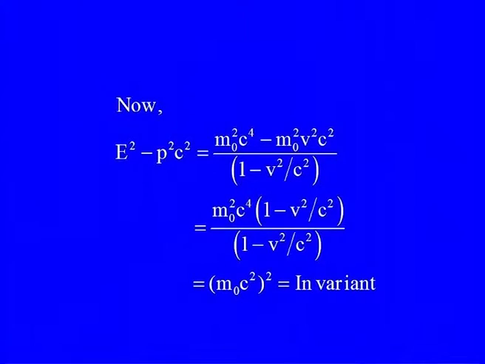In other words, it doesn't change when you change frames, which are moving with a certain constant velocity with respect to each other. So you actually get m0²c⁴, m0 being the rest mass of your body, and c being the velocity of light here.